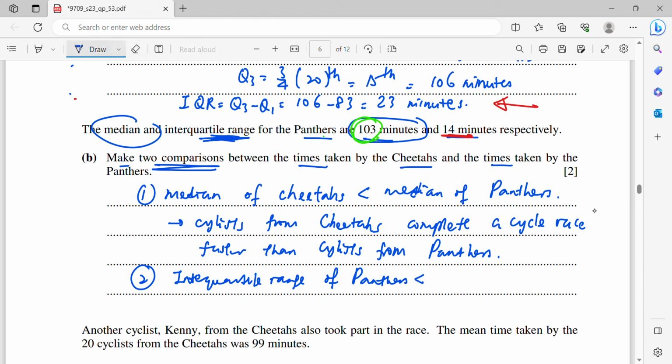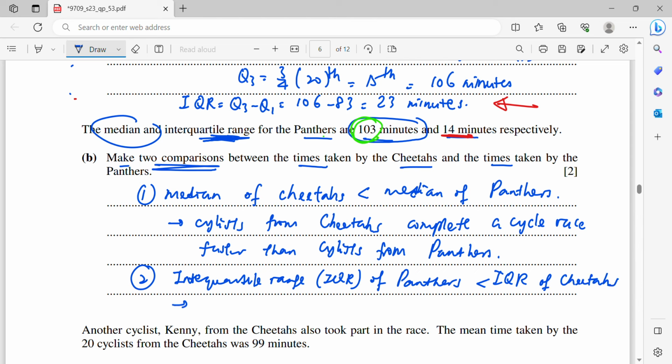Okay, probably I can just define here: interquartile range means the IQR. There I do not need to write so much. So here, IQR of panthers is less than IQR of cheetahs.